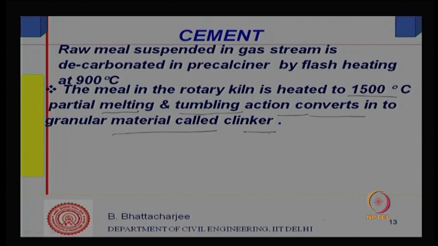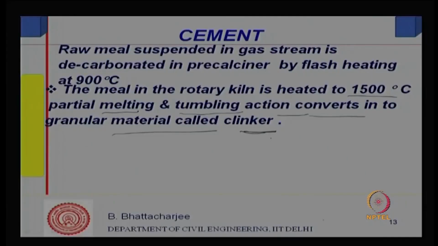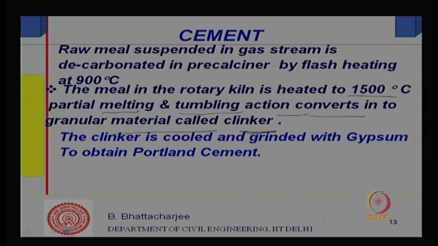When you heat this material it will melt, form solid solutions, and because of the tumbling action it forms into granular material, and this is called clinker. So, this is called OPC clinker. The clinker is then cooled and ground with gypsum to obtain ordinary Portland cement, or Portland cement.